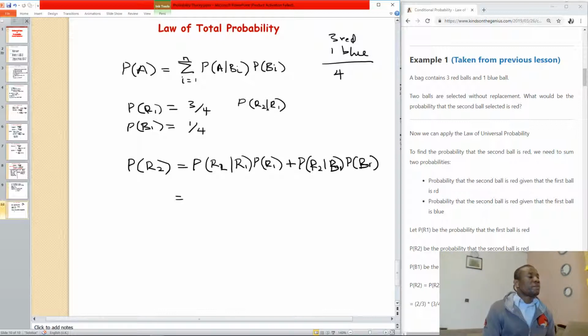It means that the first ball is red, and we've actually removed one red ball, so we only have 2 red balls over what? Over 3 balls in total.